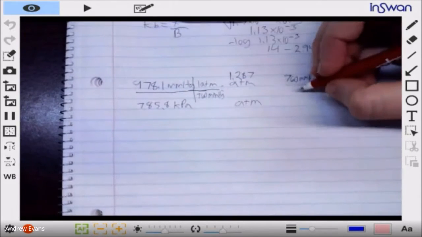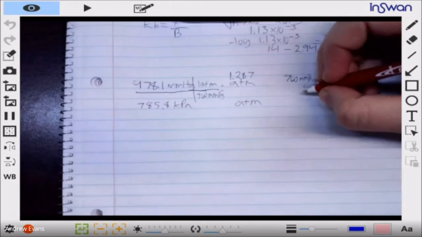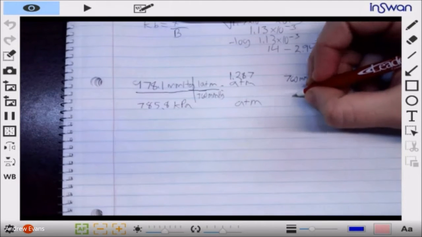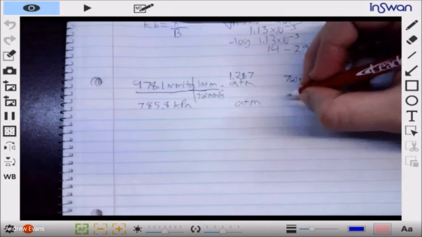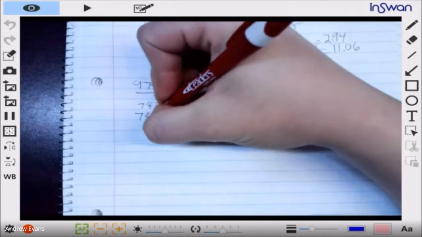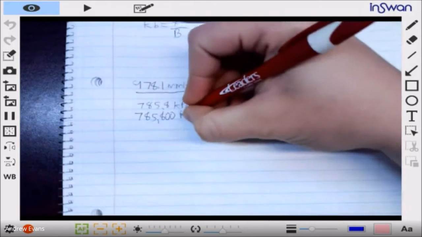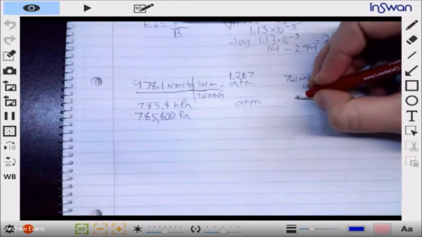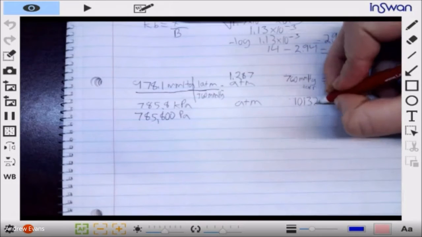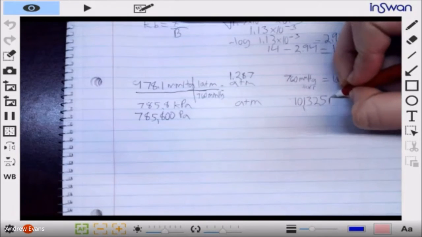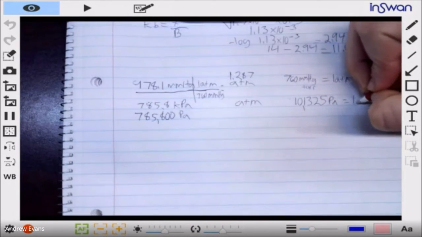Now, kilopascals is a little bit harder. Kilopascal is the same as, so that's actually saying 785,800 pascals. Now there's 101,325 pascals in 1 ATM.